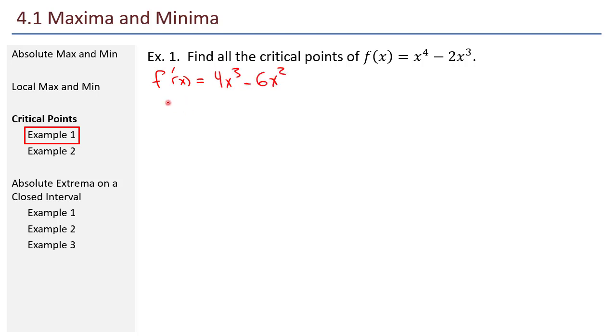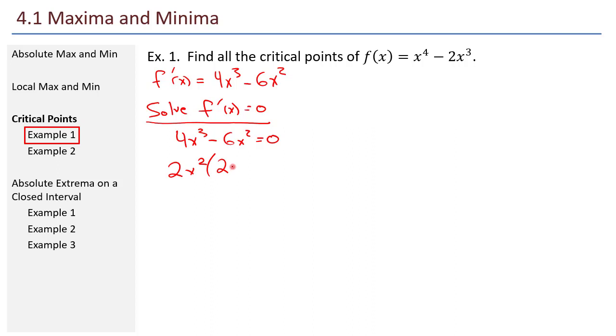I need to do a couple things. First of all, I need to solve where f prime of x is equal to 0. f prime of x equals 0, so 4x cubed minus 6x squared equals 0. Looks like I can factor out 2x squared, and I'm left with 2x minus 3 equals 0.